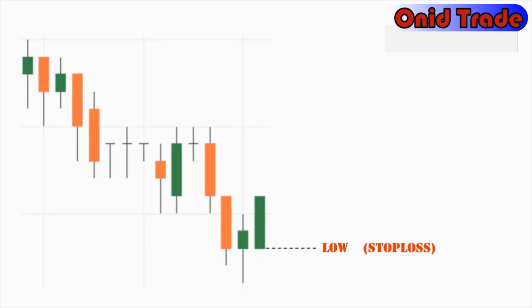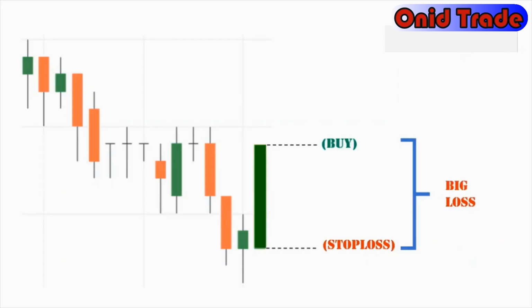We know that we are buying at the top of the candle, which means the closing price, and we are keeping the stop loss at the low. So our loss will be the difference between buy and stop loss.